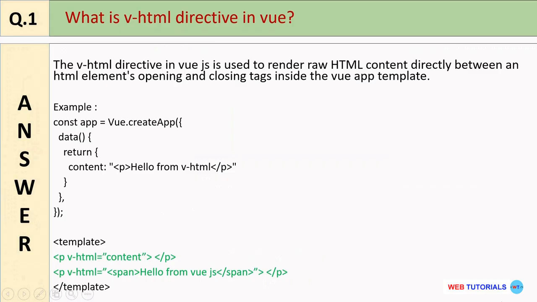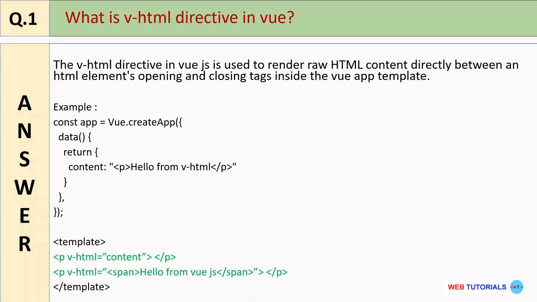First question in this session: what is v-html directive in Vue? The v-html directive in Vue is used to render raw HTML content between an HTML element's opening and closing tags inside the Vue app template.